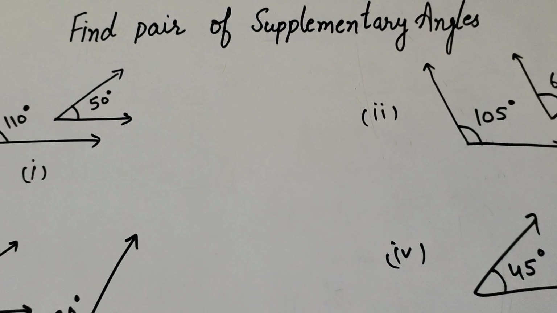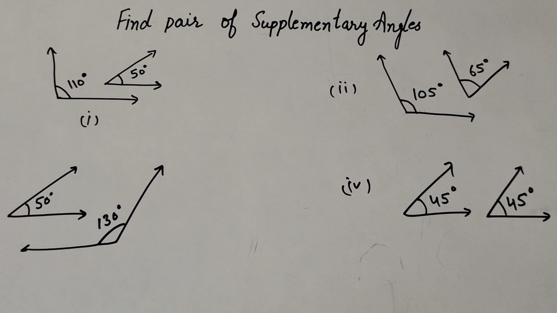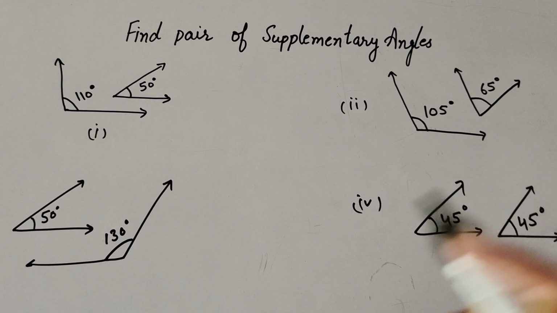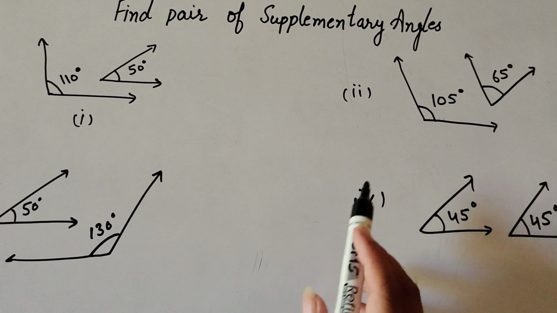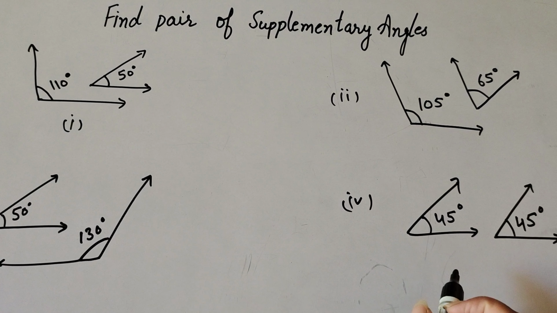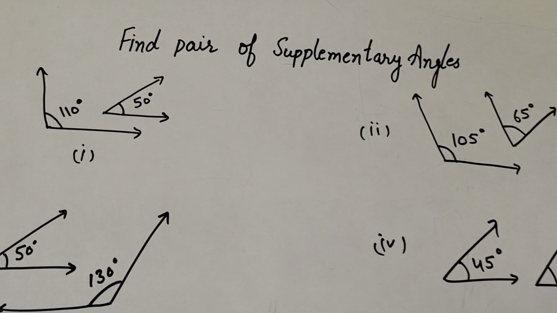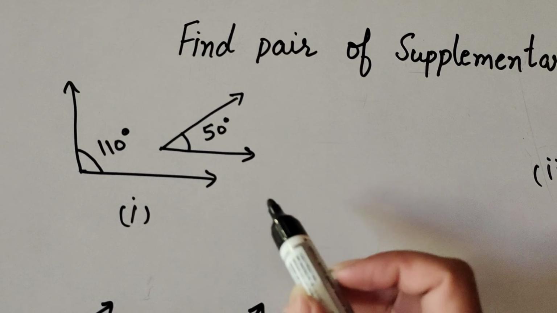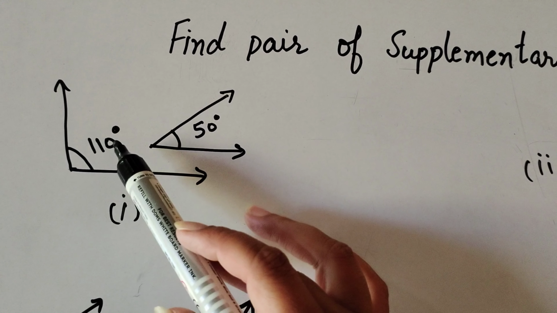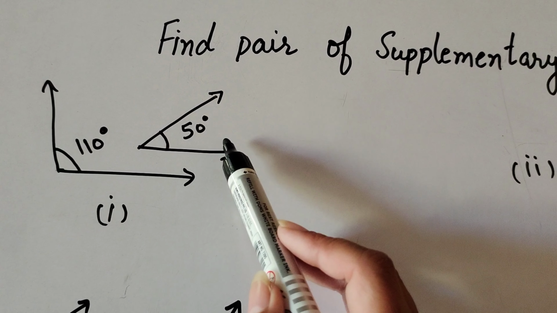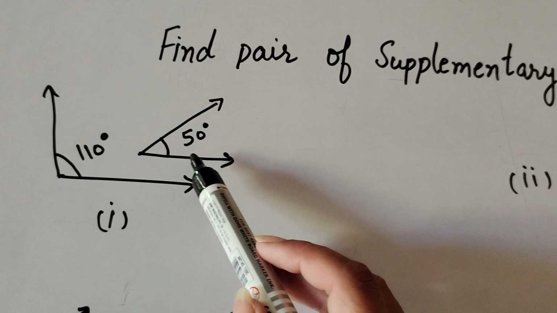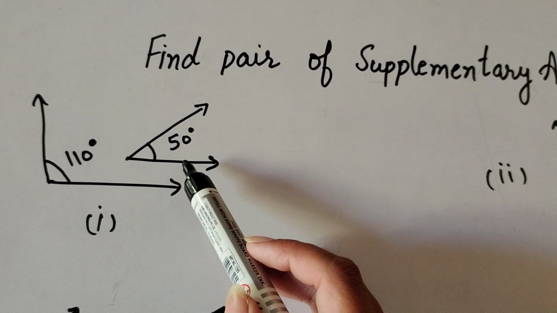Now we find the pair of supplementary angles. Some pairs of angles are given. We have to find which pair is supplementary. So let's start. From the first question, one angle is 110 degrees and second angle is 50 degrees. So we check whether this pair of angles is supplementary.